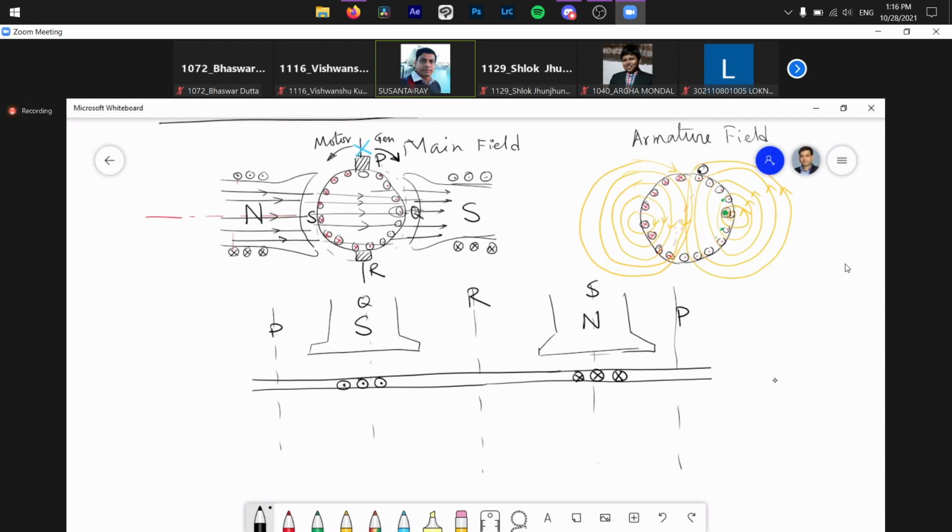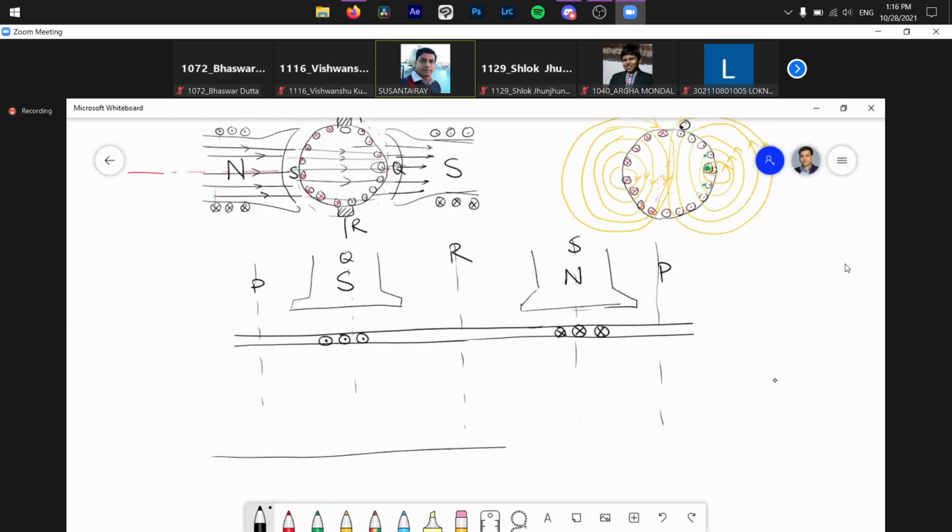Now, if I plot the main field, up to this the main field exists. So that means almost the main field will remain the same under the pole shoe, and then it will gradually decrease like this. So this is the contribution of the main field or the South Pole.